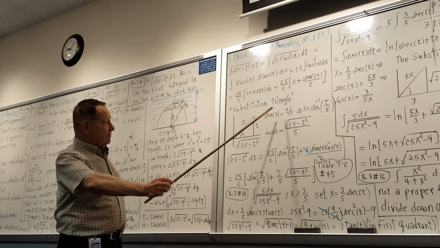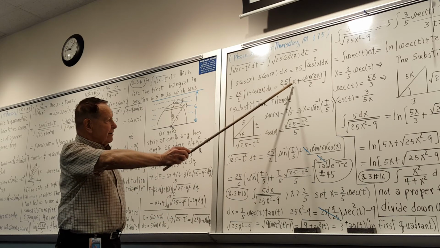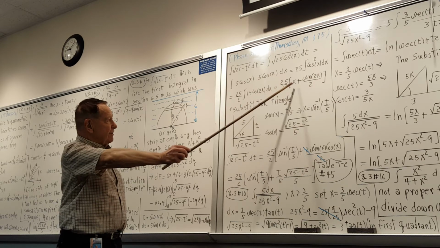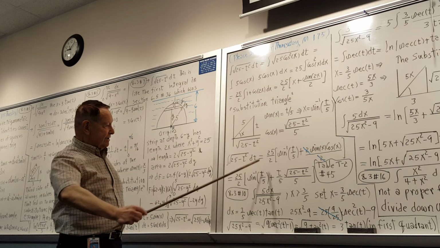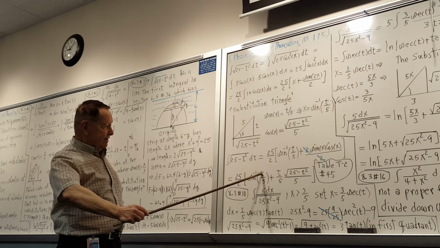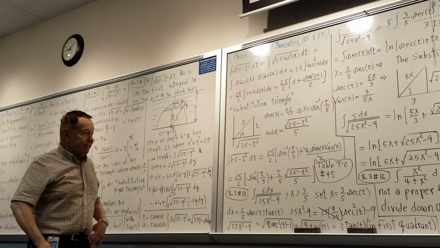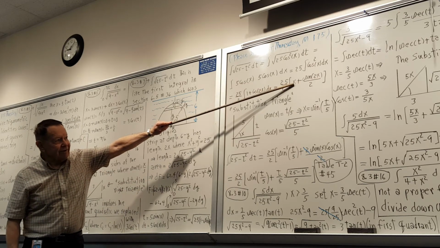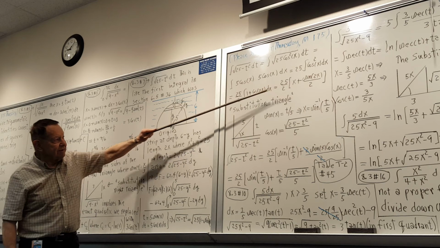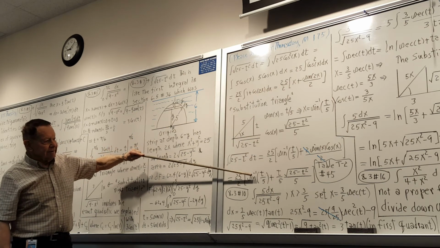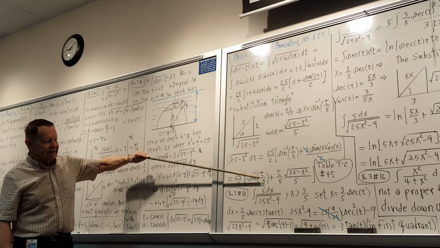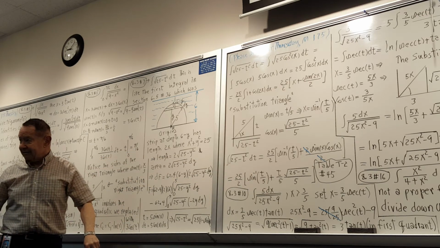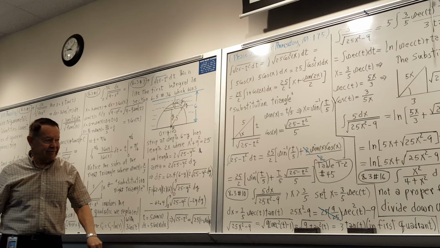And then from this first part, where you have the integral of dx giving you x, the x is your arc sine of t over 5. And so that's going from the x that's here, when you do this integration, to arc sine t over 5. That's why there's the arc sine in that formula in the back of the book, number 45.